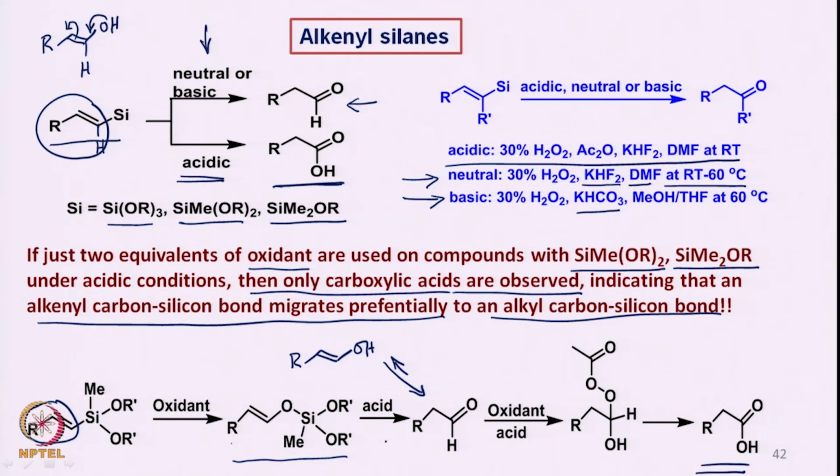So basically it indicates that under acidic conditions you have a slightly different situation, where the acetic anhydride that is used leads to the peracid here, and this is what the peracid is, and that undergoes oxidation of this type to form the acid.